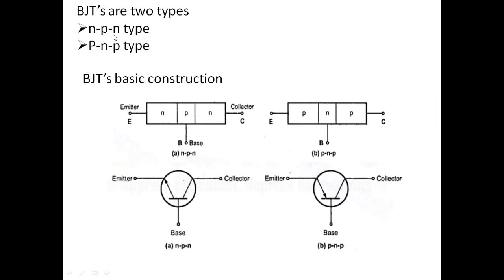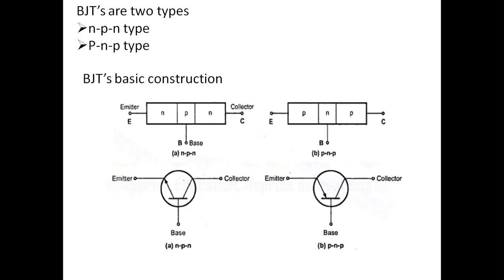Here NPN represents the type of materials which are joined. If you sandwich the P type material with the N type material on both sides, it is just like a bread sandwich. We take one piece of bread, and on the other side we take another piece of bread, and join them to get a combination of bread slices.